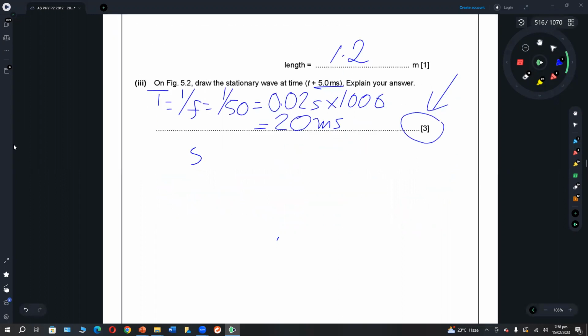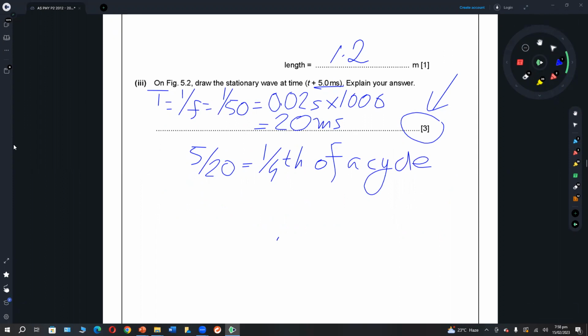So if I make a ratio 5 upon 20, it will be 1/4. It means it is 1/4 of a cycle. So now it is possible to draw because he's talking about 1/4 of a cycle.